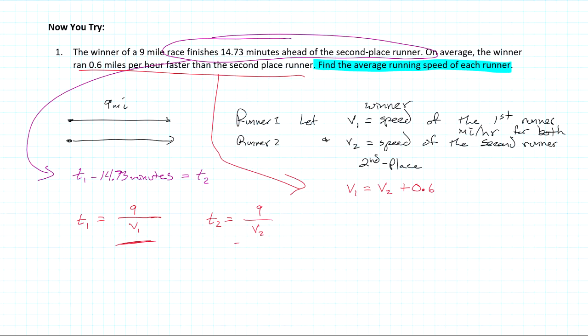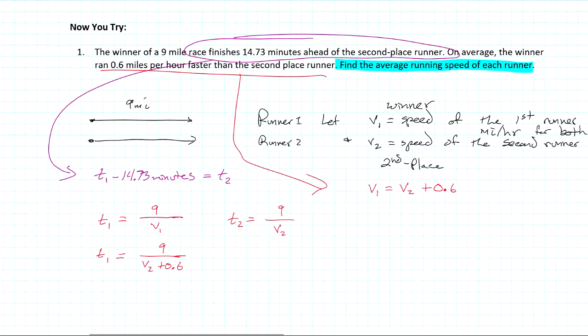But I don't want these to be different. I want to use the same variable in both. So I'm going to say T1 equals 9 over V2 plus 0.6, so that I don't have any more variables than I need to. Essentially, I can take this and plug it in right there.